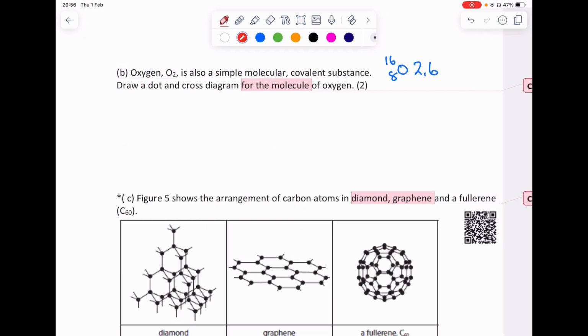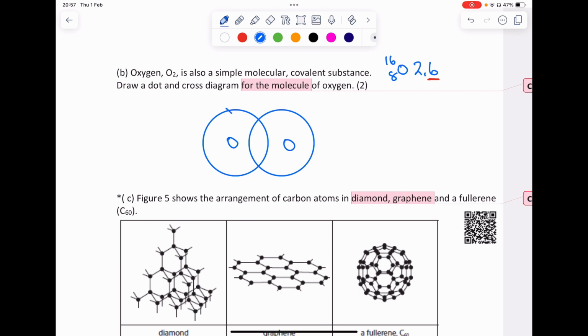Okay, so we're going to draw a molecule of oxygen. Because it's a covalent substance, we are only interested in the outer electrons, which in this case, there are 6 outer electrons. So hopefully, we're starting to remember what these structures look like. You can work it out yourself as well.